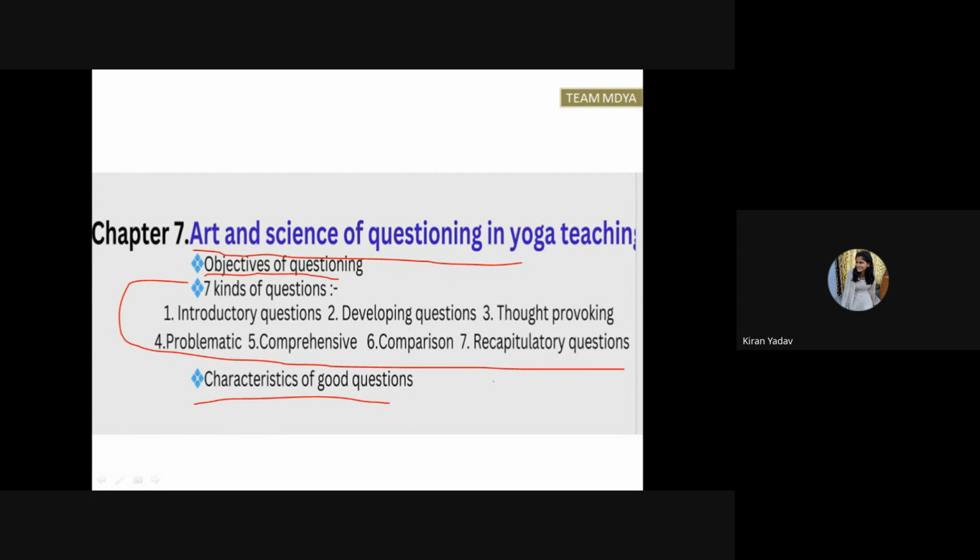So, before starting this chapter, I want to ask you, what do you think? Why do we ask questions in teaching? What's the objective? What's the purpose of questioning?